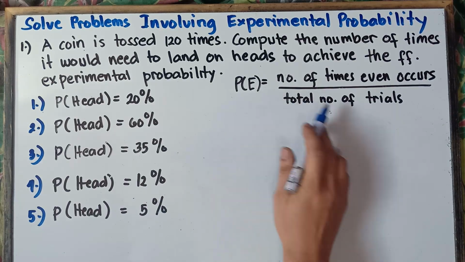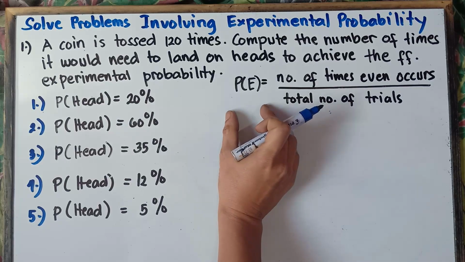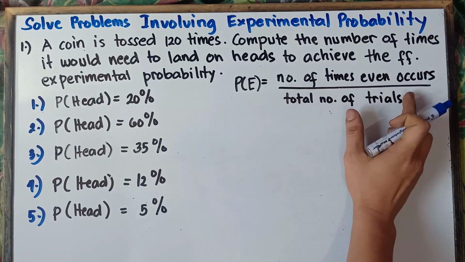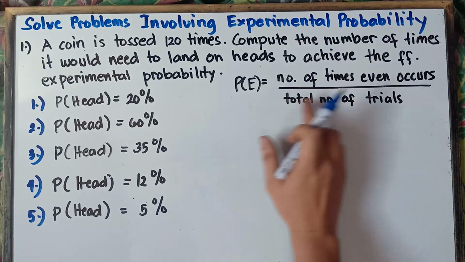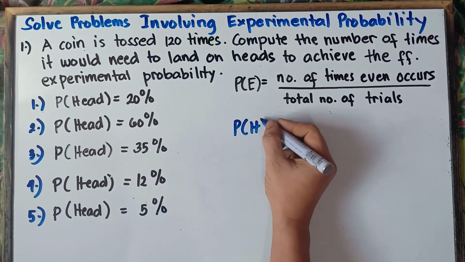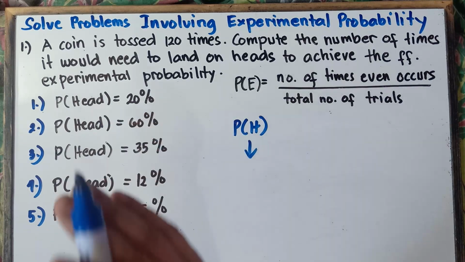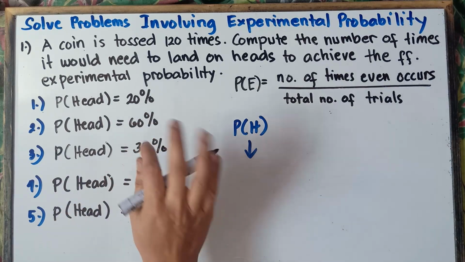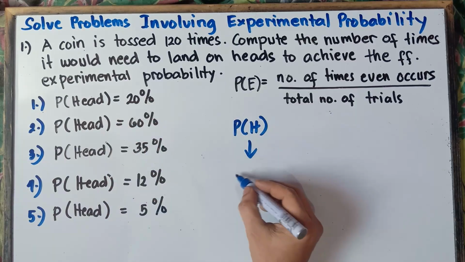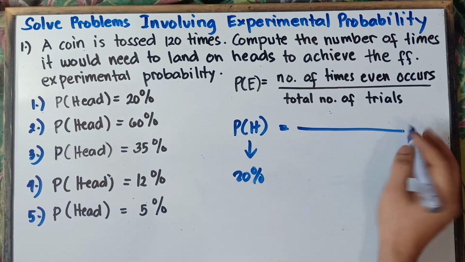This will be the formula that we're going to use to find the number of heads: probability of an event is equal to the number of times the event occurs all over the total number of trials. The probability of getting heads is given as 20%. So 20% is equal to the number of times the event occurs.